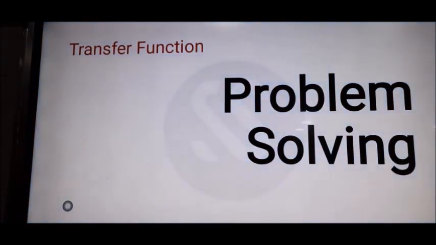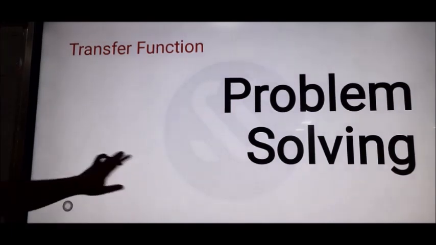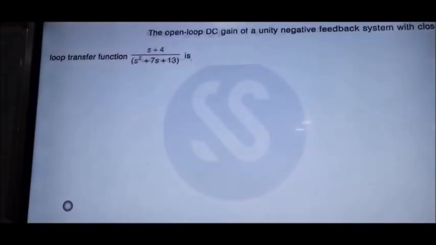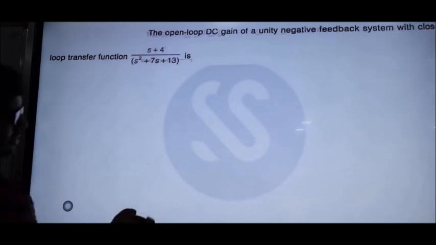Okay, so let us solve a problem for transfer function. The problem says: the open loop DC gain of a unity feedback system with closed loop transfer function (s+4)/(s^2+7s+13) is what? So what is DC gain?